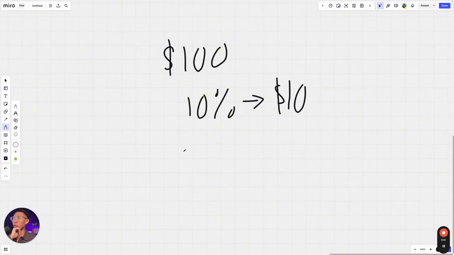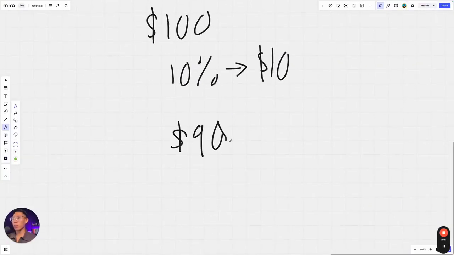You start off with $100, and let's say you lose your first trade, you lose 10%. So now your $100 is cut down to $90. Actually, wait, it doesn't work this way.